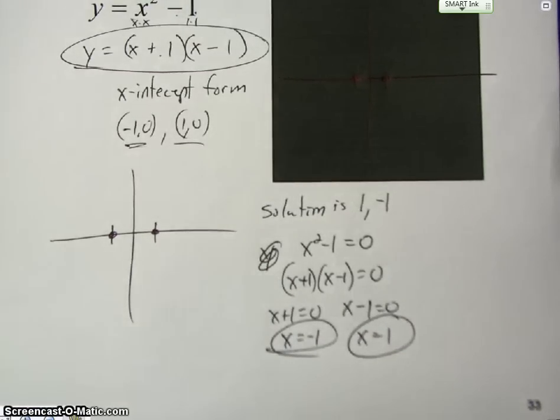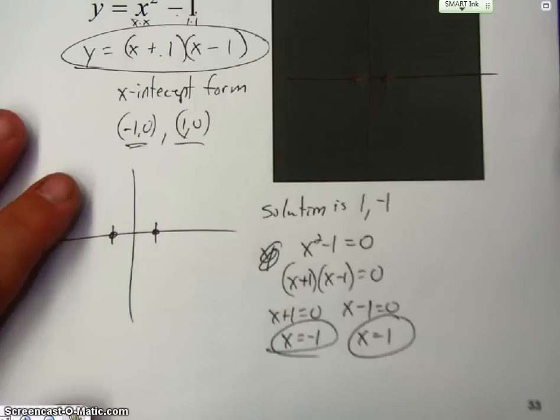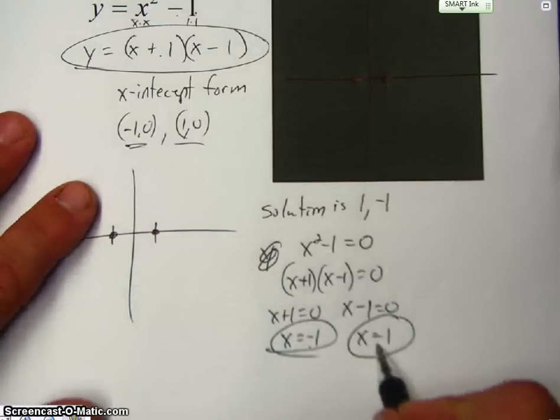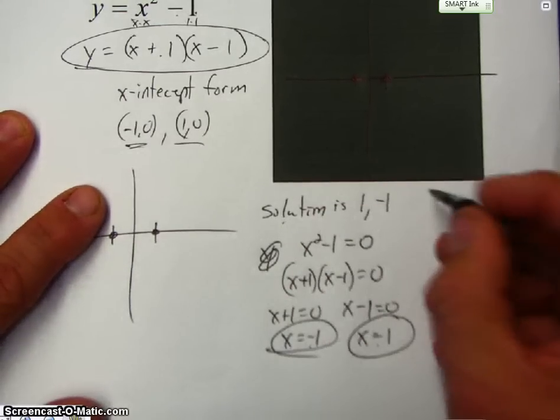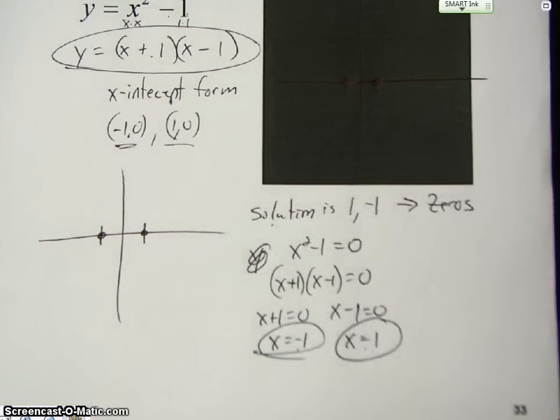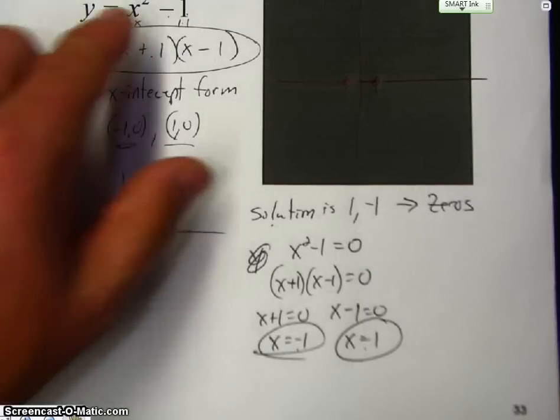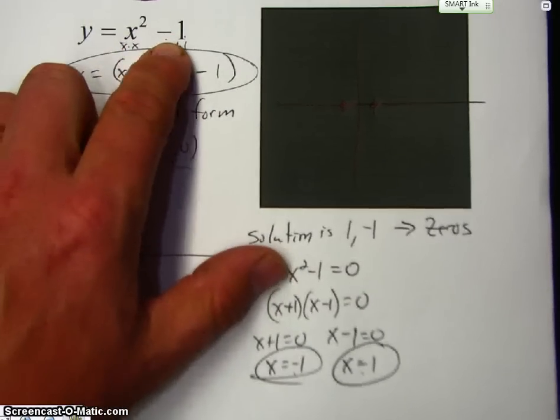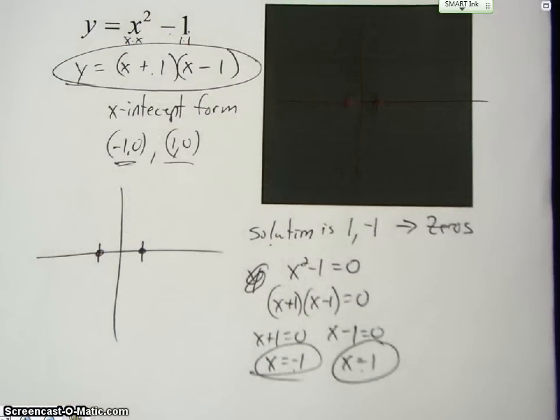So the zeros of the function are negative 1 and 1. Solution is the same thing as zeros. So if I want the zeros of the function, that means I want the solution. In other words, if this was equal to 0, what would x equal?